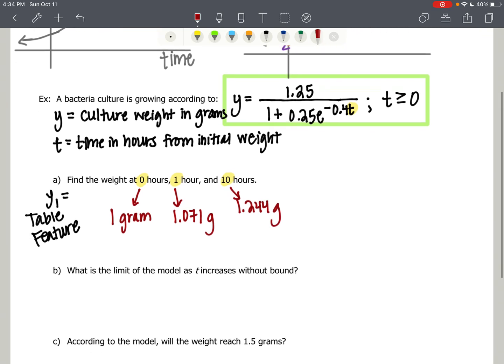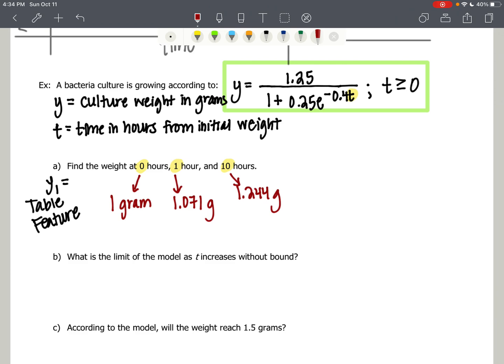What is the limit of the model as T increases without bound? What is the limit? So the limit as T approaches infinity, that's without bound, of our function 1.25 over 1 plus 0.25 times e to the negative 0.4 t power.